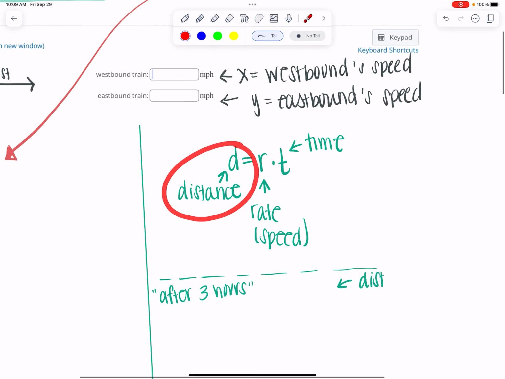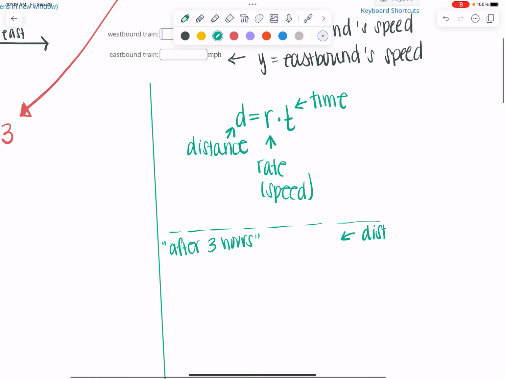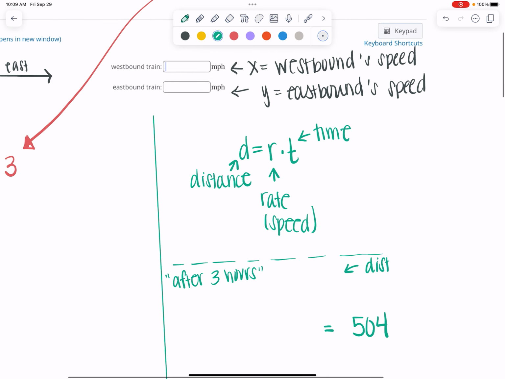So 504 is my distance. Now those two distances, when I add them together, better give me 504 miles apart.